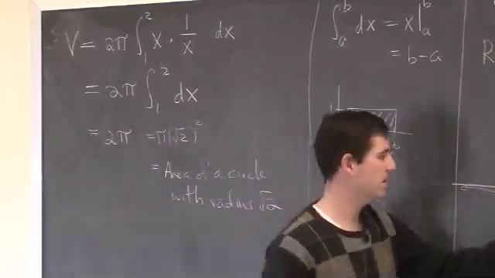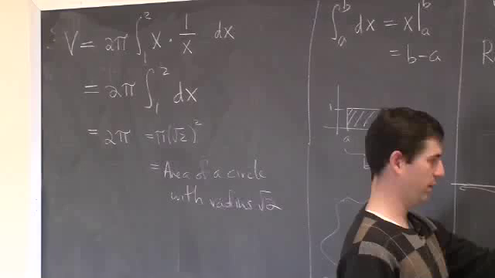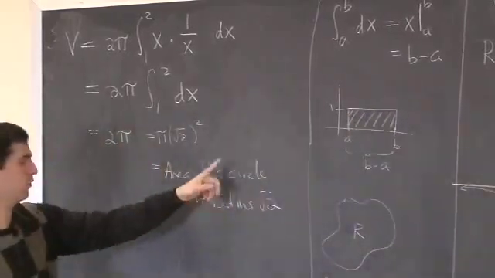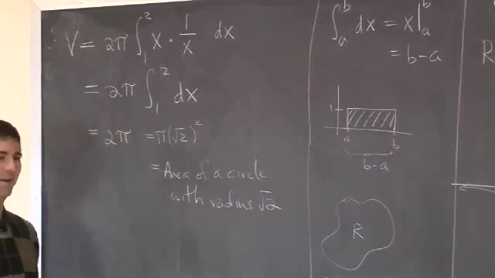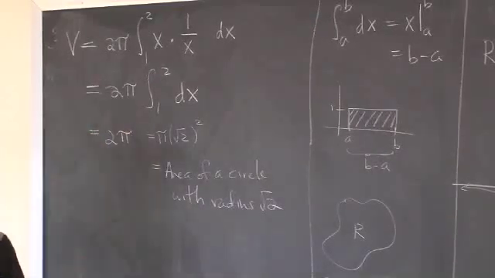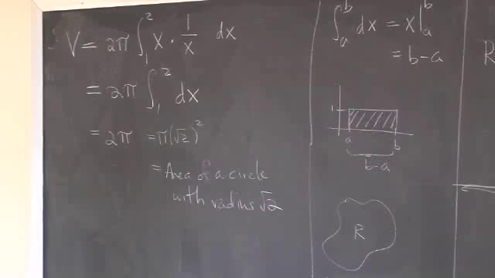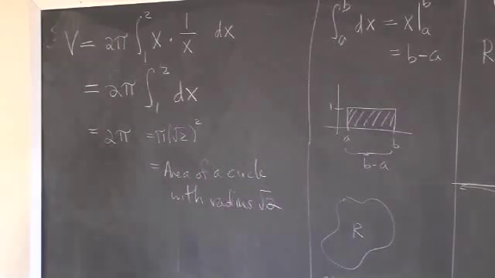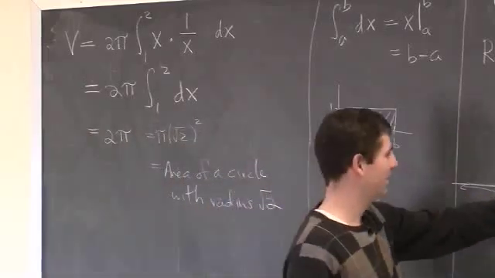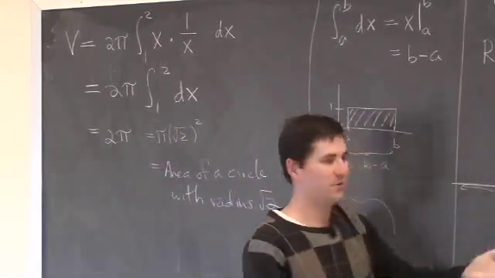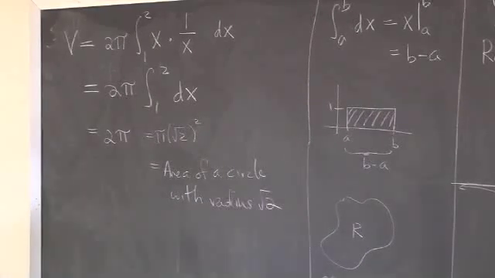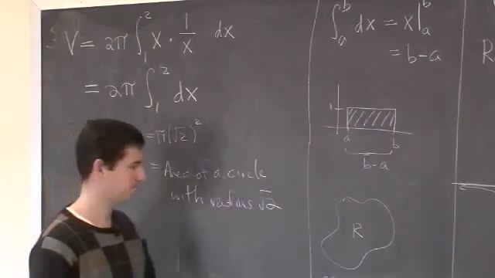Right? This is a volume. But you get the same number by taking this weird region and rotating it out, as if you just took a circle with radius root 2 and found the area. There's nothing behind that. It's a coincidence. I just think it's really neat that those things should pop out like that. You wouldn't imagine that this would give you the same volume as the area in a circle with radius root 2. I wouldn't have anyway.